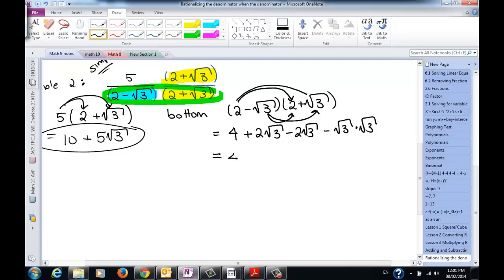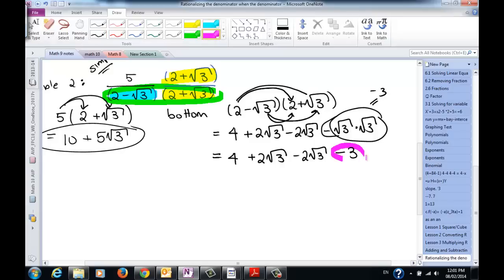And this simplifies to 4 plus 2 root 3 minus 2 root 3 minus 3. And we did this up above. If you're confused, just scroll back a bit and look at the justification on why this is equal to negative 3, this whole thing.